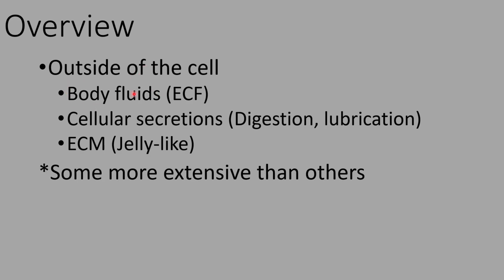There are body fluids, also called extracellular fluids. Extracellular fluids, or ECF, are fluids in our body that are inside the body, but outside the cell. The most common one is blood plasma, the liquid part of blood. That is extracellular fluid.